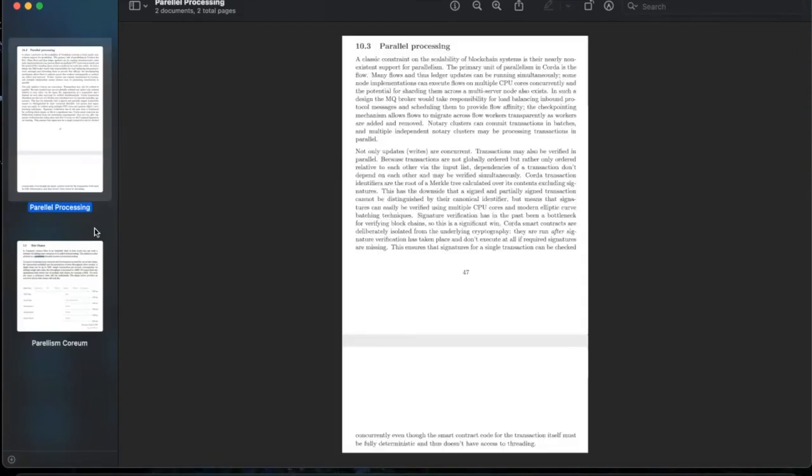And in relation to scaling, one piece I found interesting was both Coreum and Corda talking about parallel processing. So on the Corda paper, it says a classic constraint on the scalability of blockchain systems is their nearly non-existent support for parallelism. The primary unit of parallelism in Corda is the flow. Many flows and thus ledger updates can be running simultaneously.